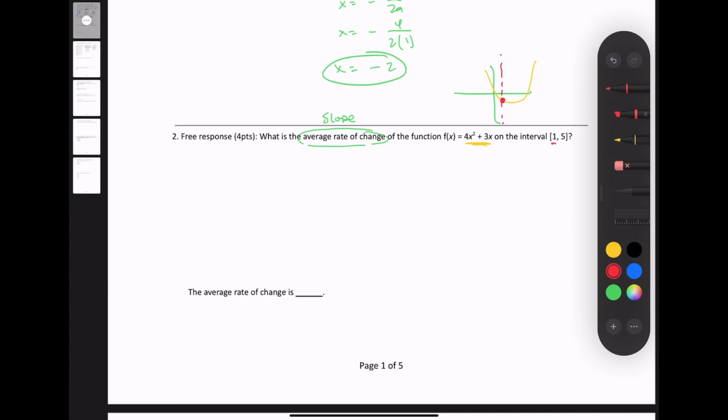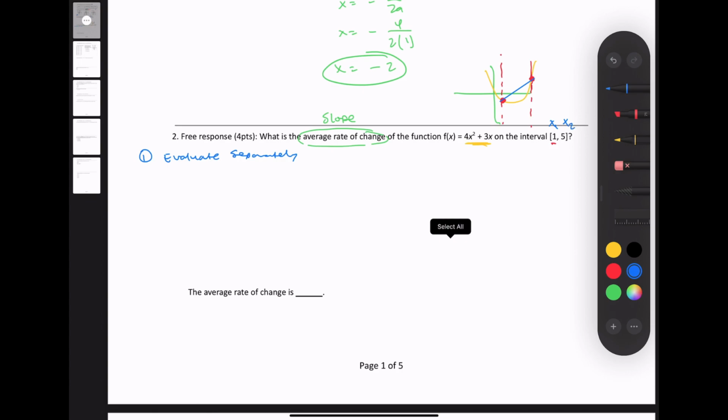Say this point, and let's just say this is 5. Basically, you're finding the slope of the blue line. So you can evaluate separately, which basically means this is your x1, this is your x2.